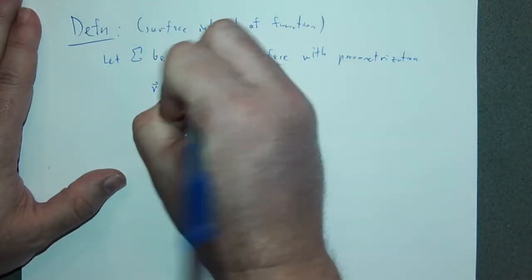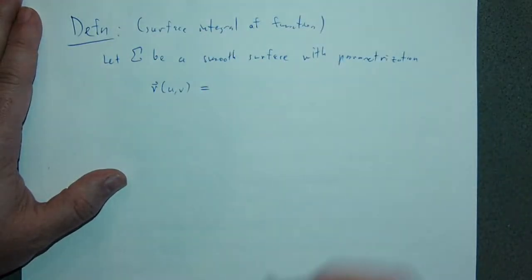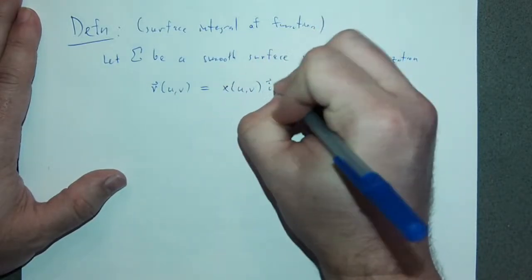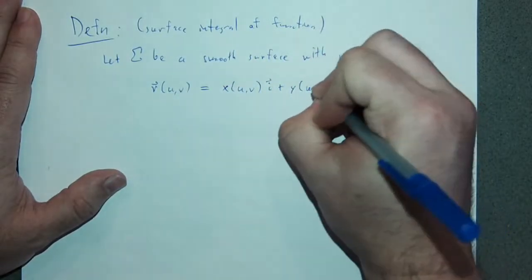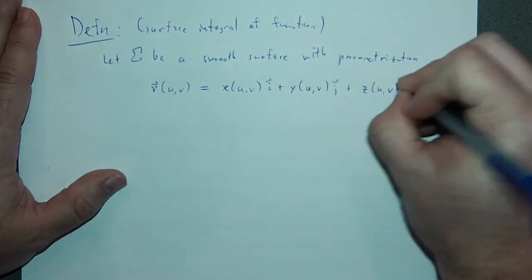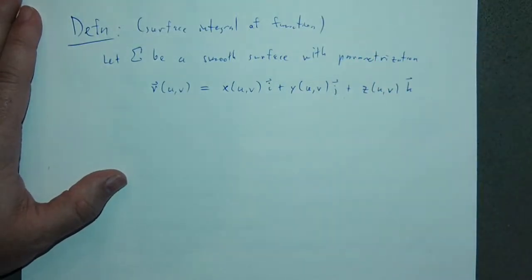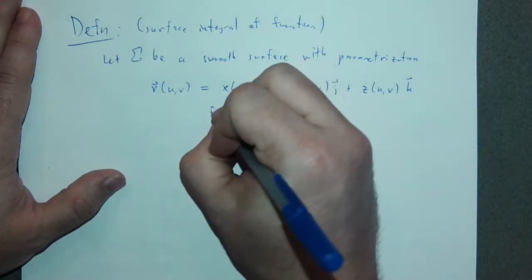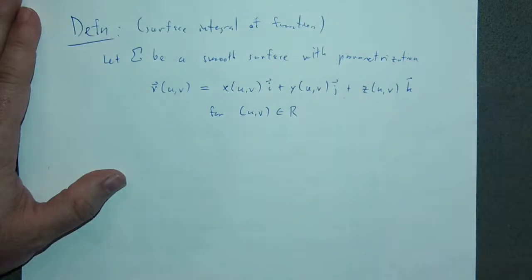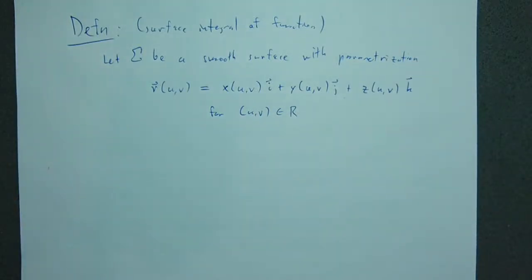R of u, v is x(u,v) i plus y(u,v) j plus z(u,v) k, the typical notation here for a parameterized surface, for parameters u and v living in some region R in the uv-plane.